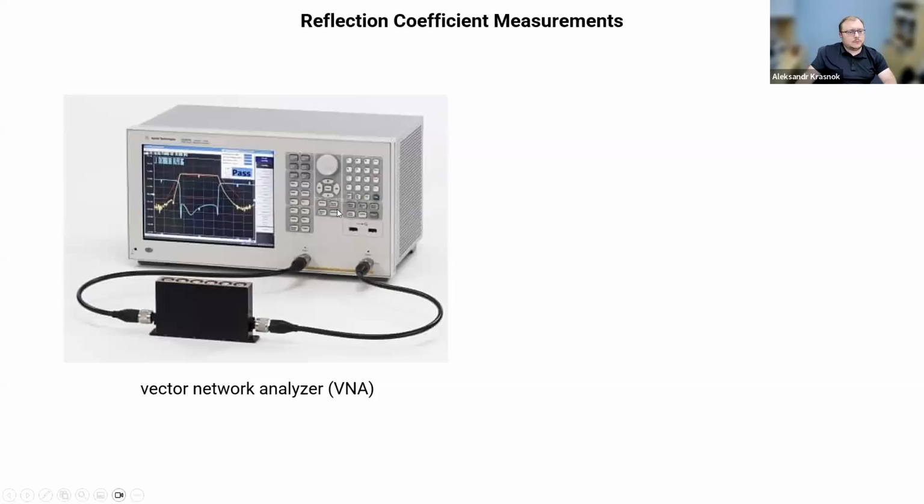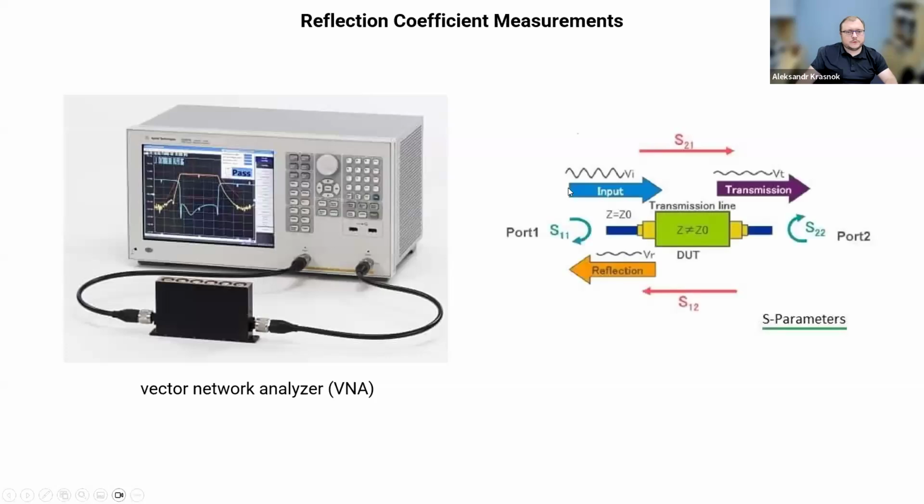In terms of VNA, this coefficient is called S11. So S11 is the same as capital gamma. Here, this picture describes what happens, right? You have an input, then this input comes to the device under test.